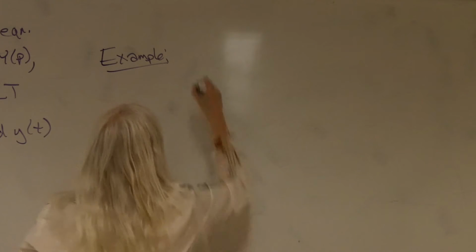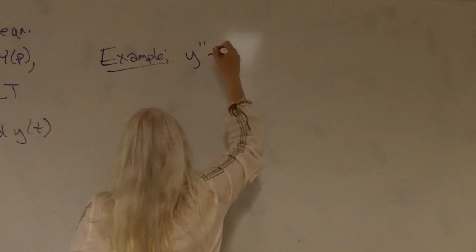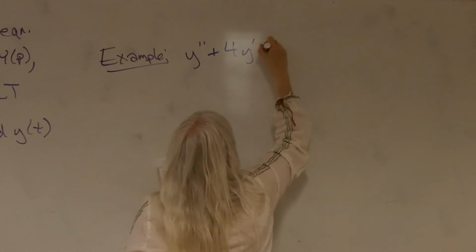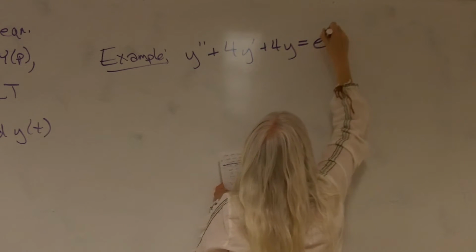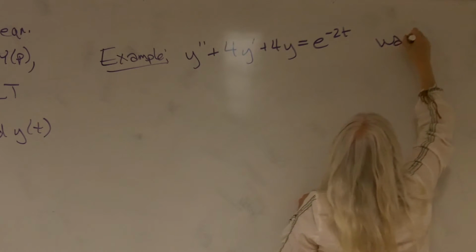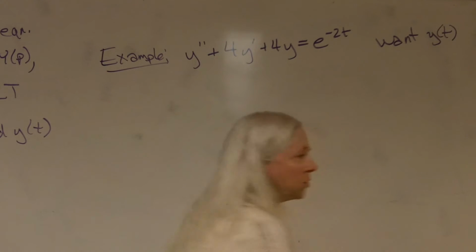Okay, so our differential equation, let's say y double prime plus 4 times y prime plus 4y equals e to the minus 2t. So we want y as a function of t that satisfies this.